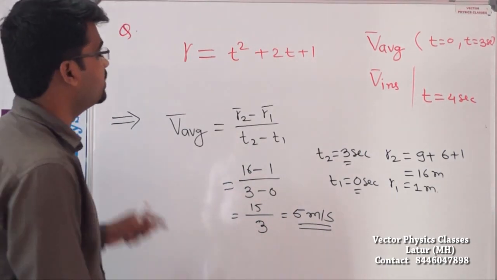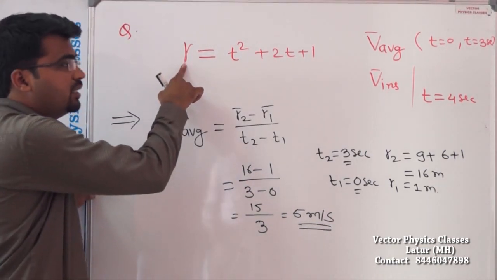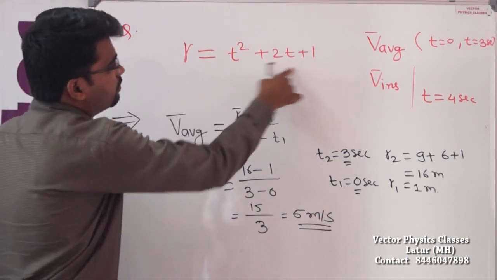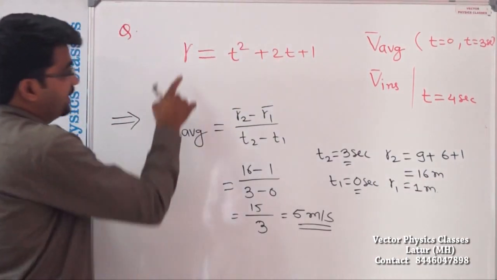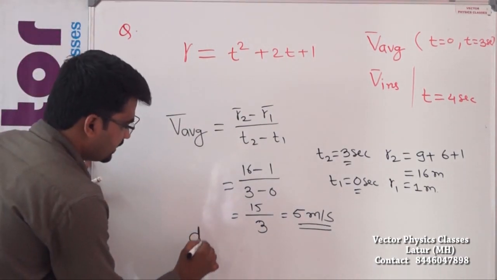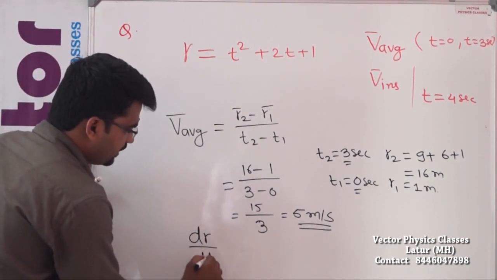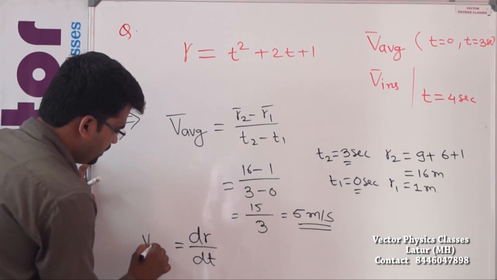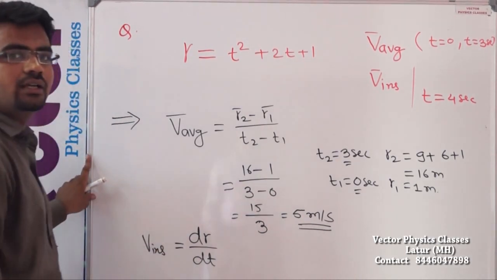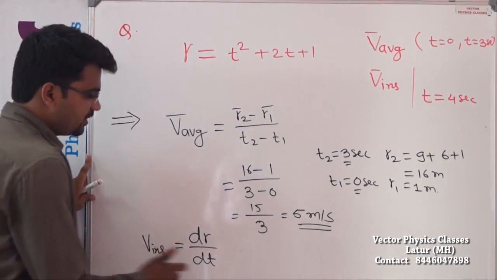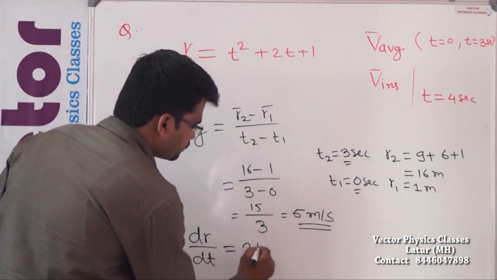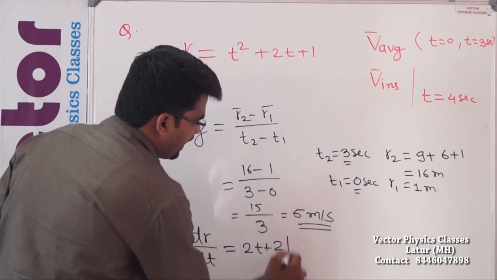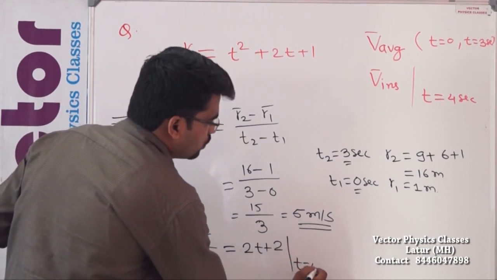Now what is the instantaneous velocity? It is very simple. Just differentiate this term with respect to time and put t equal to 4 seconds, and we will get the instantaneous velocity, which is dr by dt. This is equal to v instantaneous, which is 2t plus 2 at t equal to 4 seconds.